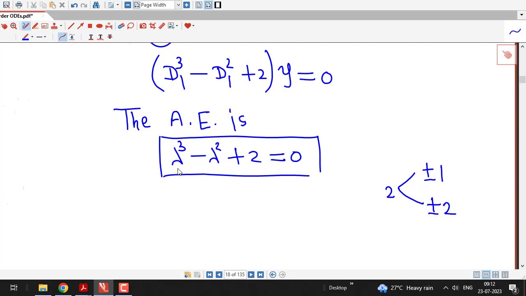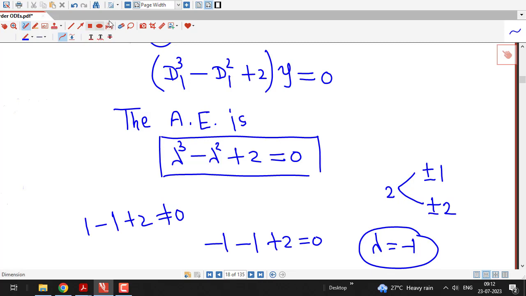So we can check by trial and error which divisor out of these 4 will satisfy this equation. Suppose I take lambda equal to 1, then I will have 1 minus 1 plus 2 which is not equal to 0. Now I am taking lambda equal to minus 1, so minus 1 cube, that is minus 1, minus square of minus 1, that is 1, plus 2 equal to 0. This means lambda equal to minus 1 satisfies this equation.